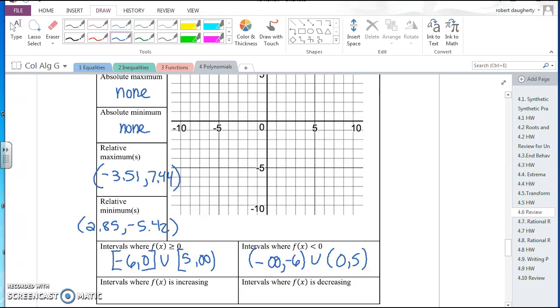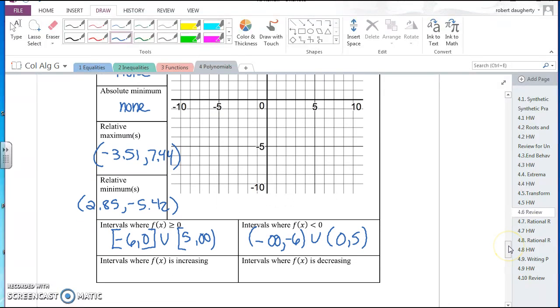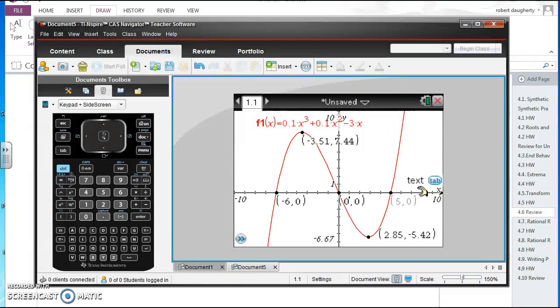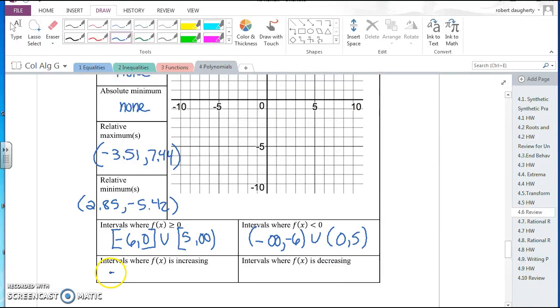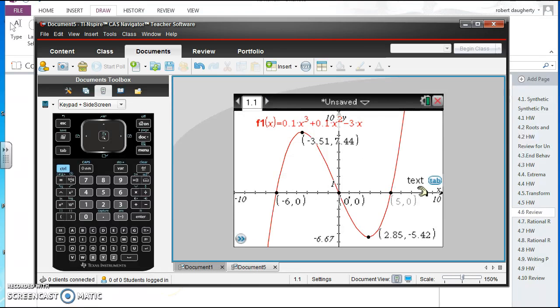Where is this function increasing and decreasing? It looks like it starts out increasing, increases from negative infinity to negative 3.51. That's my increase interval. Then it starts to decrease and increases again from 2.85 to infinity.